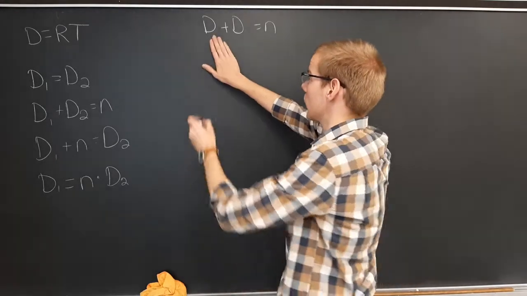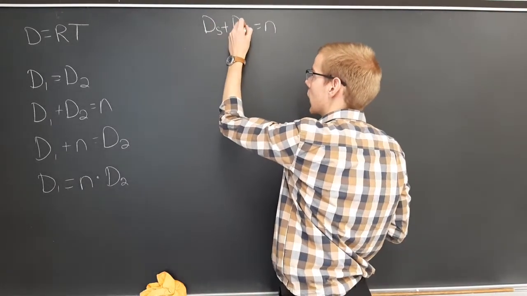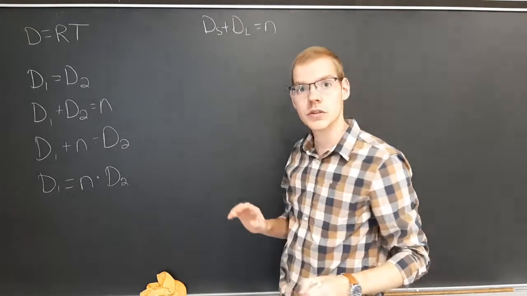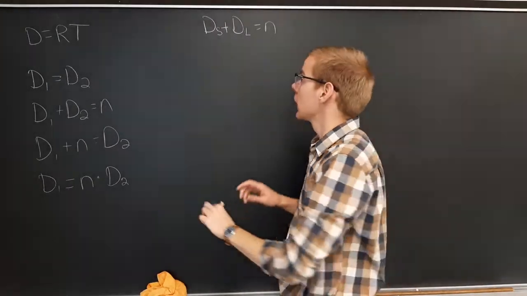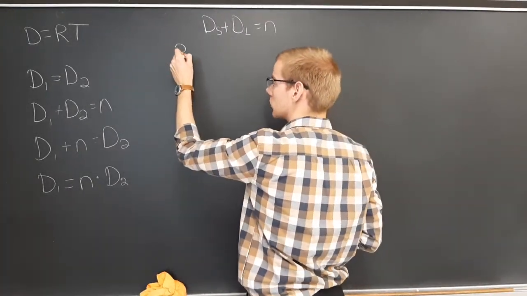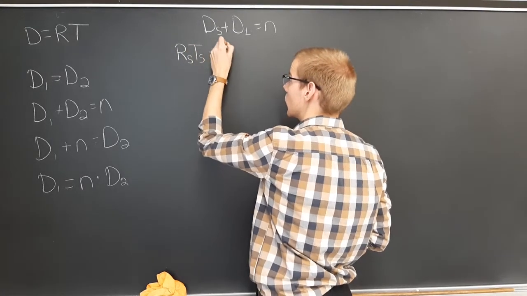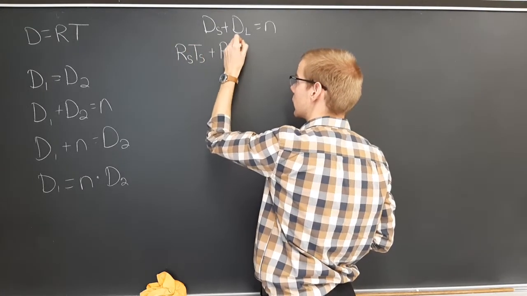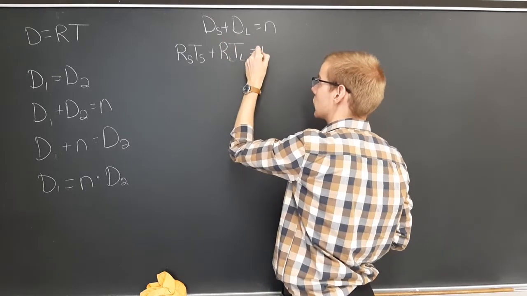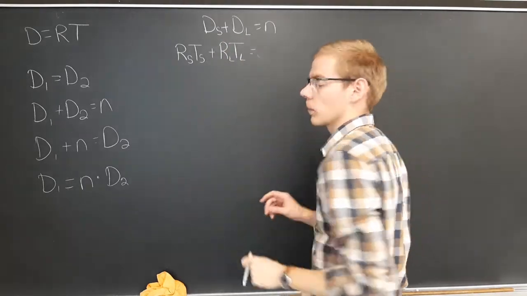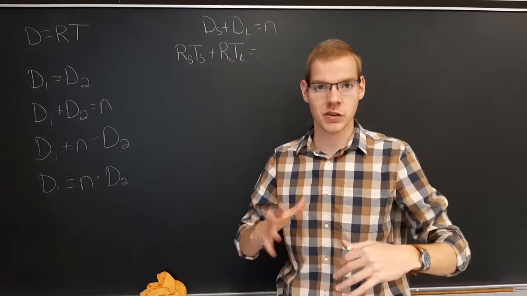So put an S here and an L here, small and large. Now RS and TS plus RL and TL equals, well, adding them together, how much is it? 5.